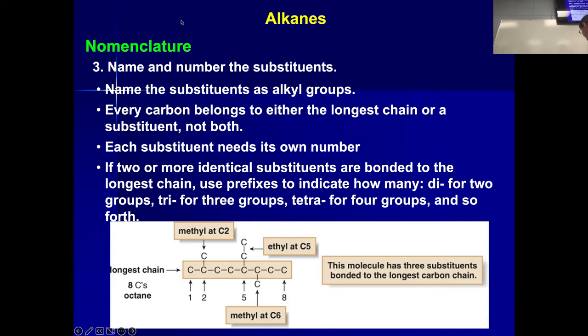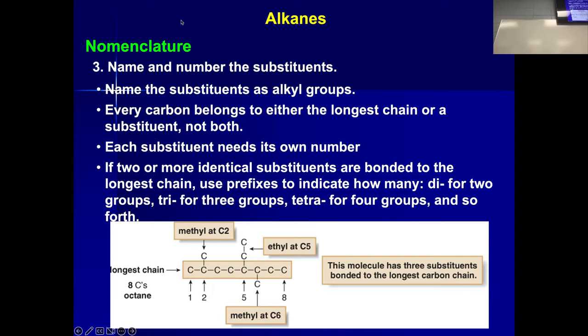Okay, so let's look at this example. I always start off by identifying the parent. We've identified the parent here, right? What is the parent? Butane. So it's a butane molecule.